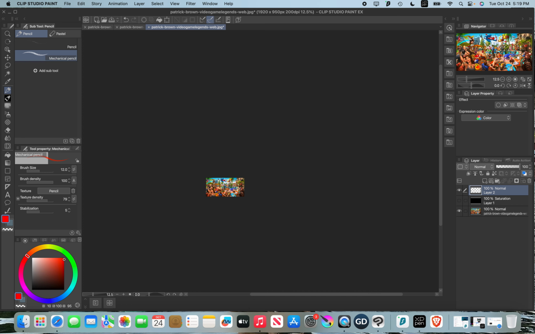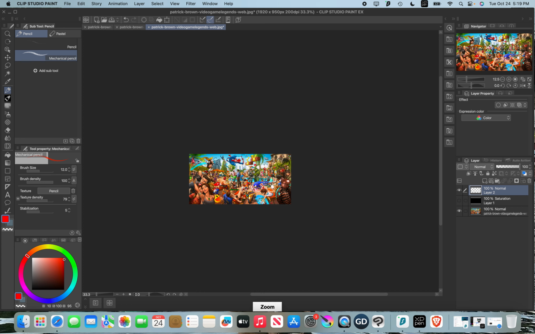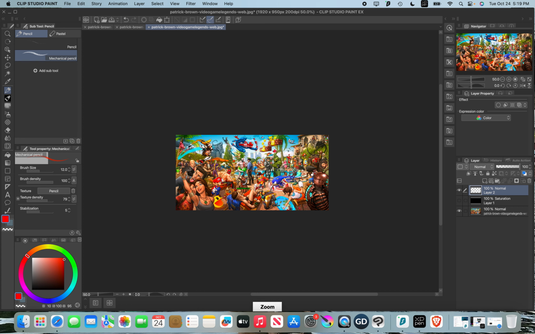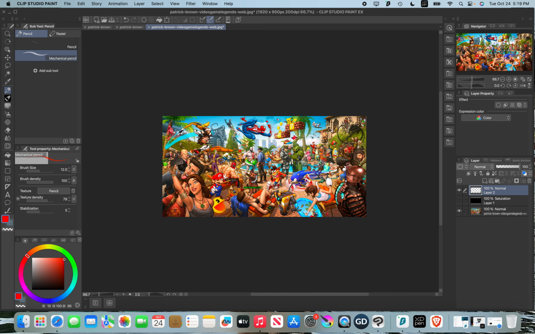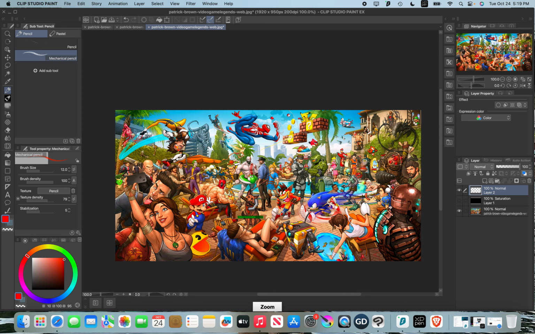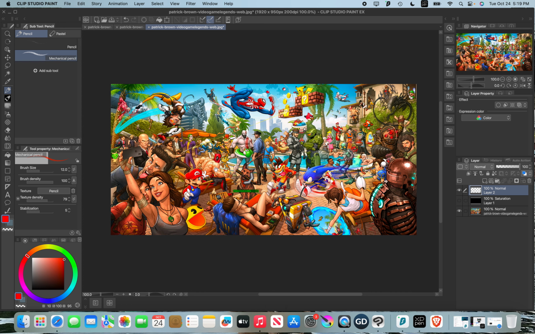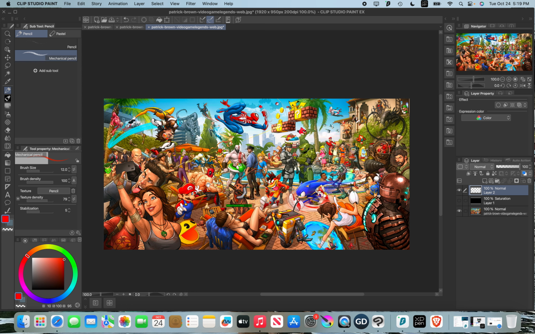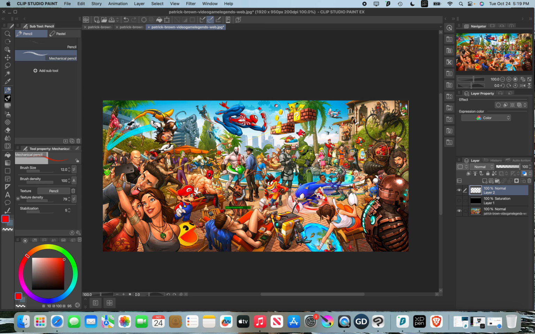Even if we pull back even more, we see just how incredibly complex the piece is, which is interesting because it's still very readable, right? All the characters are recognizable. Not only that, but they're also acting in their own specific way.